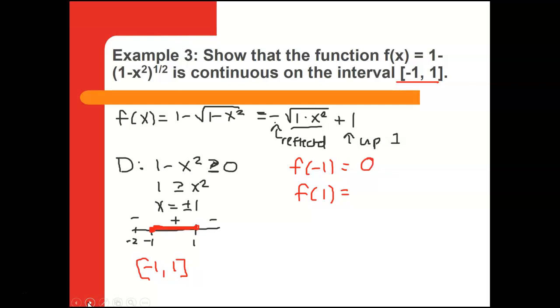So your square root becomes 0. But then it's negative the square root of 0, so it's still 0. Then you add 1 for the shifting up 1, and you get 1.